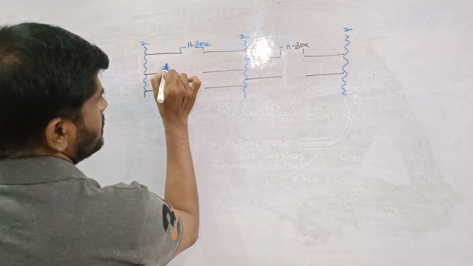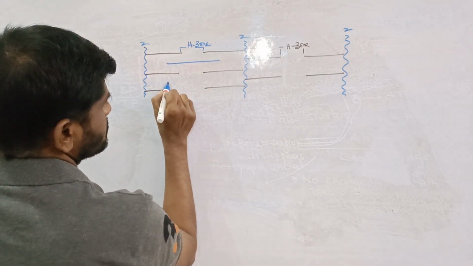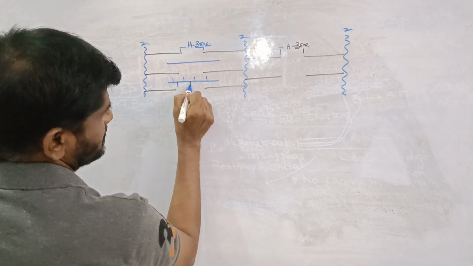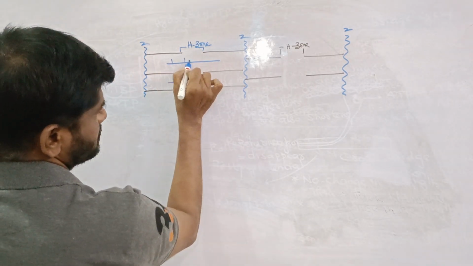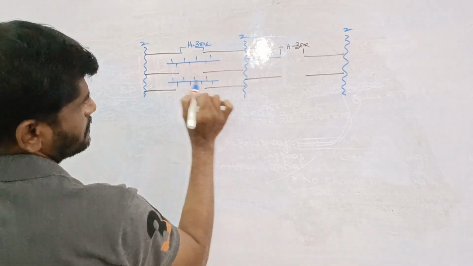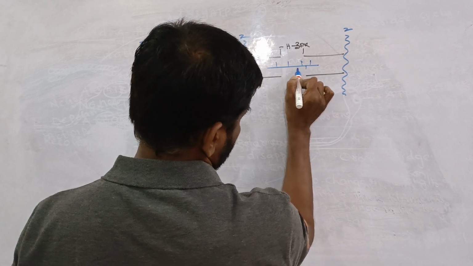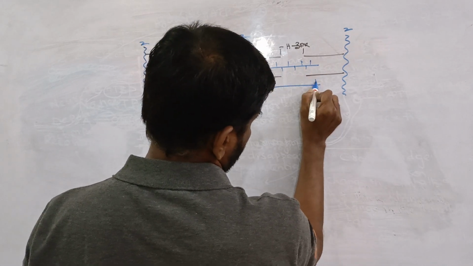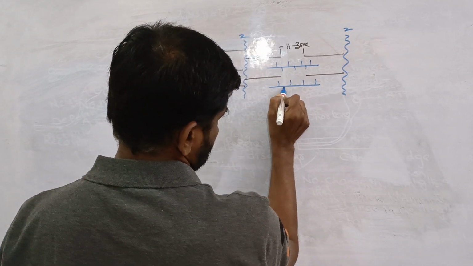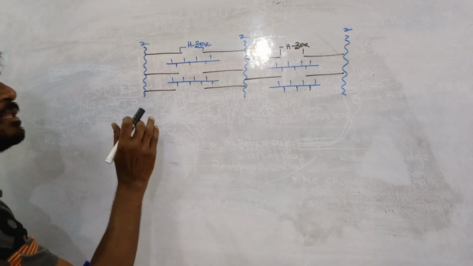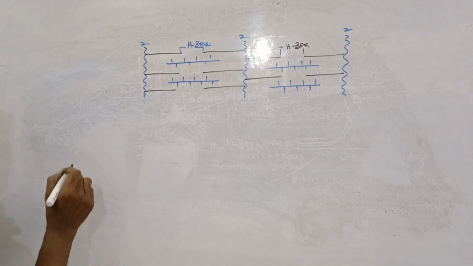And these are the myosins, the heads of the myosin. This is when the muscle is under resting condition.